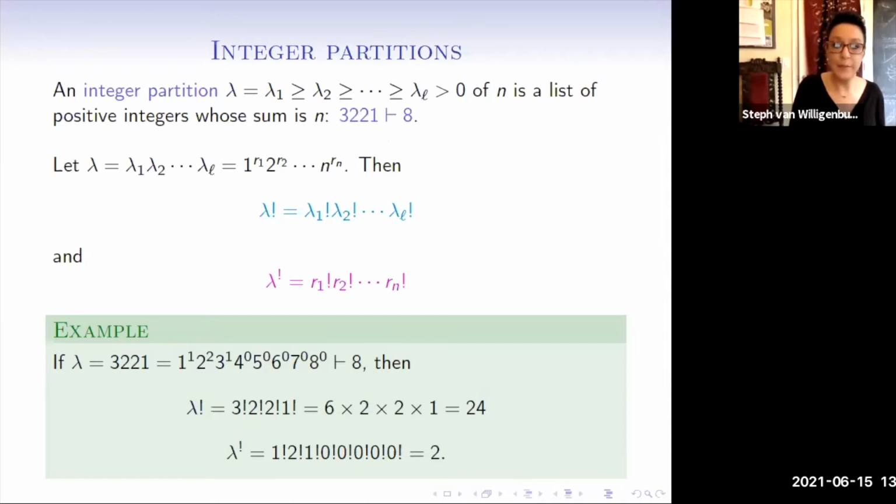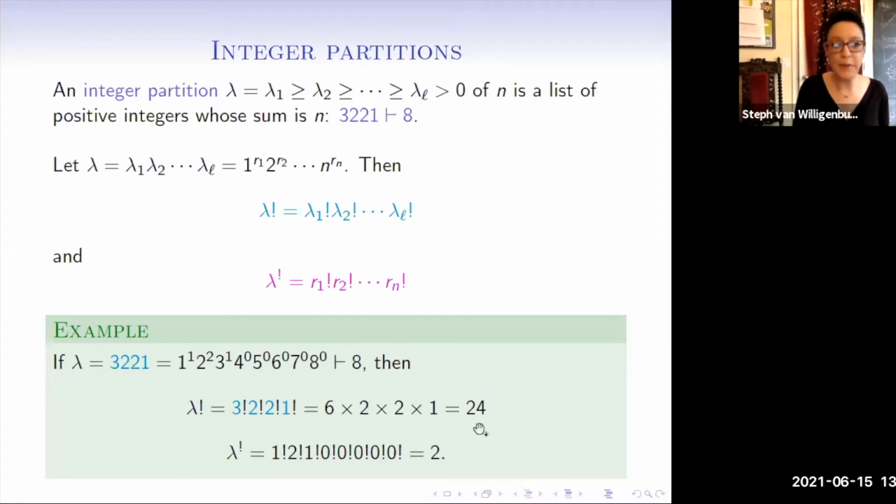And then if lambda is equal to lambda1, lambda2, and so on, then lambda factorial is going to be lambda1 factorial, lambda2 factorial, and so on. So in our running example of 3, 2, 2, 1, lambda factorial is going to be 3 factorial times 2 factorial times 2 factorial times 1 factorial, which is 24.